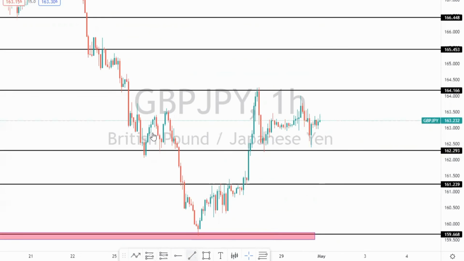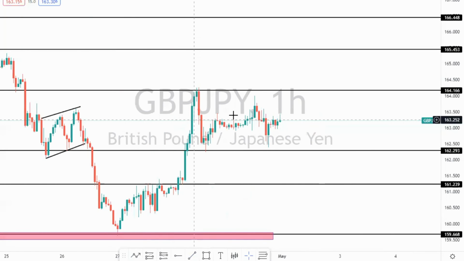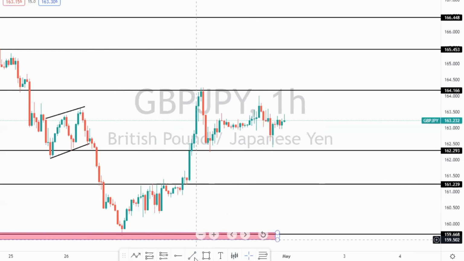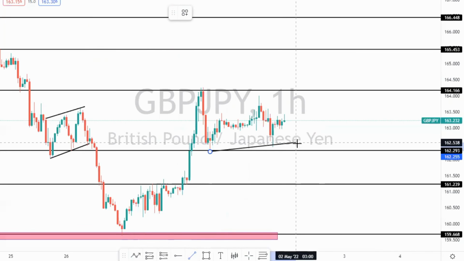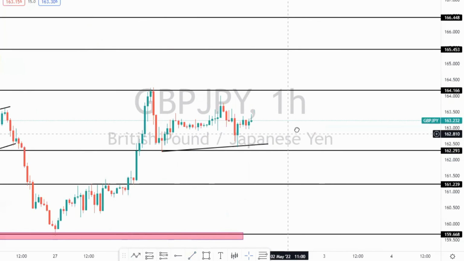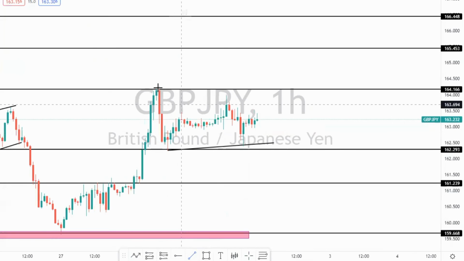So one thing that I know is that here was a previous correction, which was our left shoulder. And currently right now, we could be creating a right shoulder, whereby we have a first, second touch. And I'm gonna do the same for my resistance.